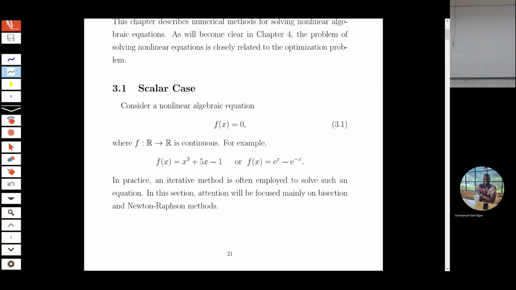For a polynomial, we have analytical formulas for finding the roots when the degree is not greater than 4. That means we have analytical formulas for the roots of a quadratic, a cubic, or a quartic polynomial.